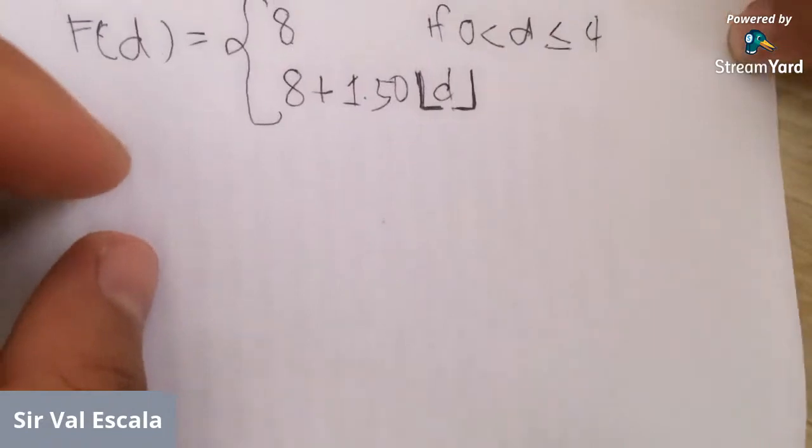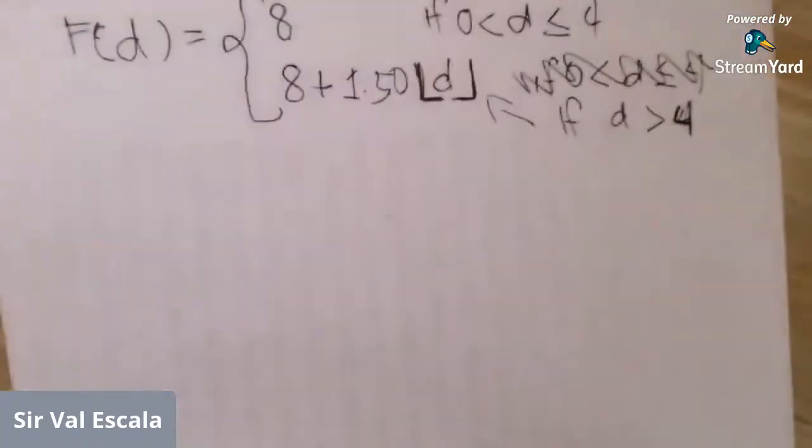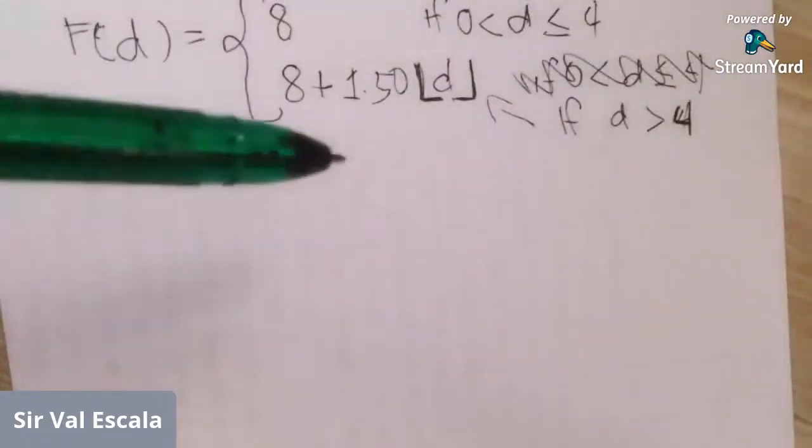So, if d is greater than 4. Pag sumobra sa 4, magsisingil tayo ng 8 plus 1.50 times ilang kilometro yung ating isisingil.